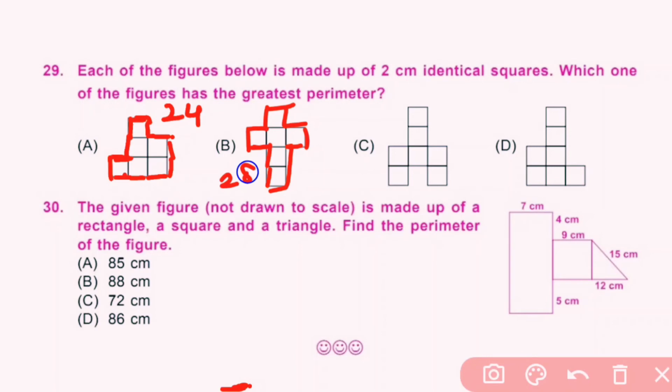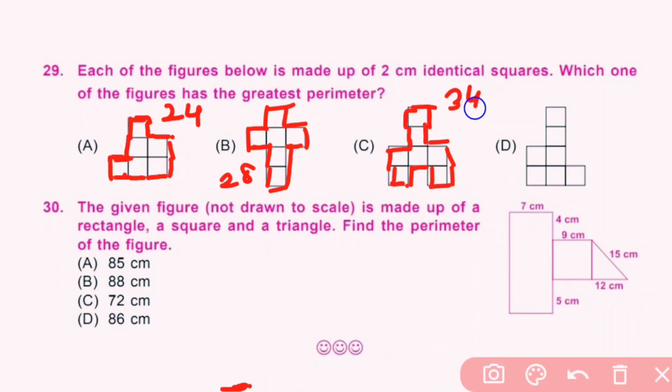Now we check C. Perimeter, this 2, 2 plus 2, 4, 4 plus 2, 6, 8, 10, 12, 14, 16, 18, 20, 22, 24, 26, 28, 32 and 34. Here perimeter is 34.